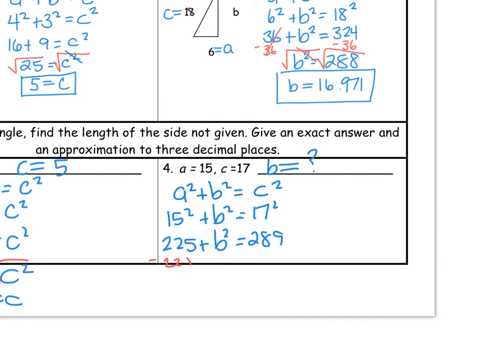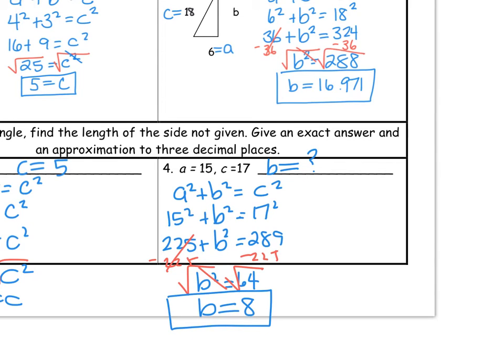Subtract 225 to isolate the variable. b squared equals 64. The last step is to square root. And we get b equals 8. So there's another nice Pythagorean triple, 15, 8, and 17.